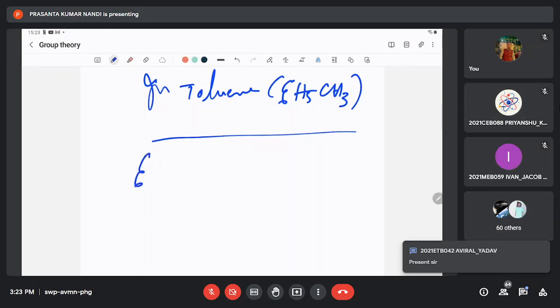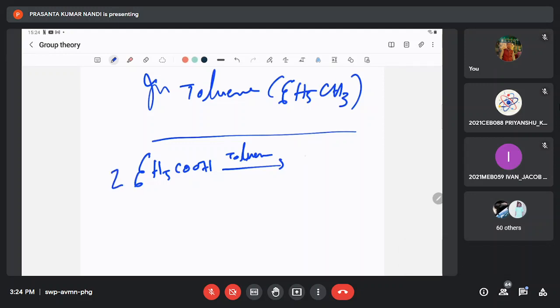So benzoic acid in this solvent, toluene, dimerizes to form the dimer like this. Again, this equilibrium is there. What is the mechanism by which benzoic acid can form a dimer?